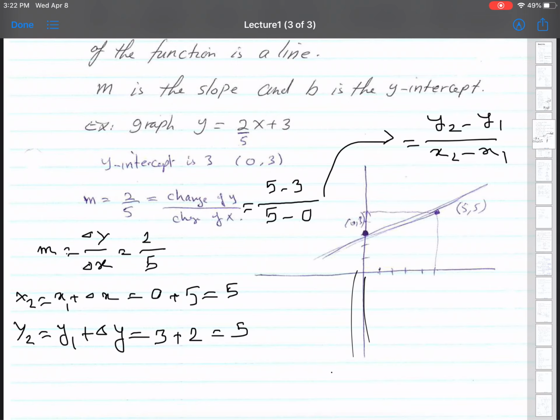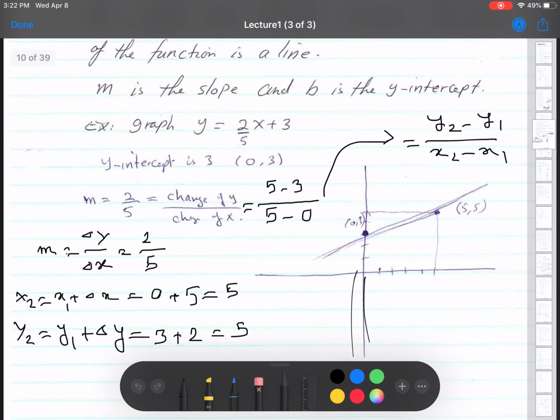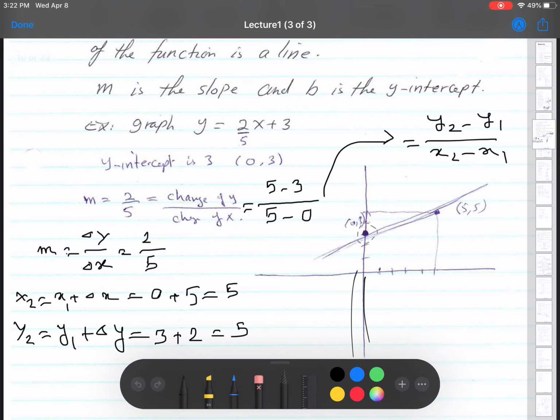Or if the graph is given, like (0, 3) and (5, 5), you can take these 2 points and we can find the slope. The formula of slope is m equals y2 minus y1 over x2 minus x1. So x2 will be the number further right, and the number corresponding to x2 will be y2.